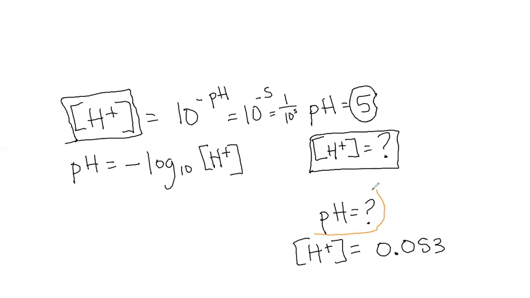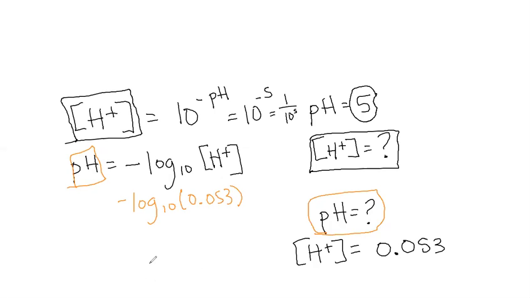Since the question mark is now with pH, you want to pick the equation that already has pH all by itself on one side, like that. And so we could just plug this in here: negative log base 10 of, oh wait, it doesn't have to have that square bracket anymore, 0.053.